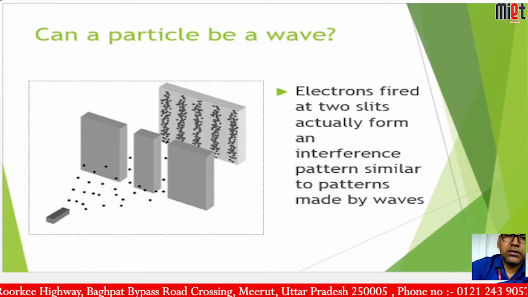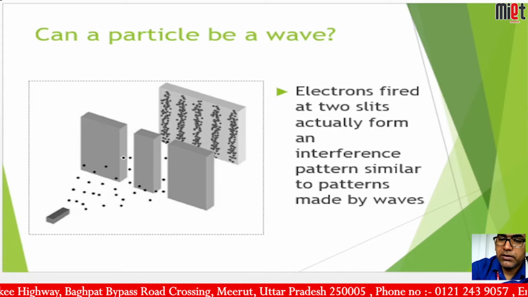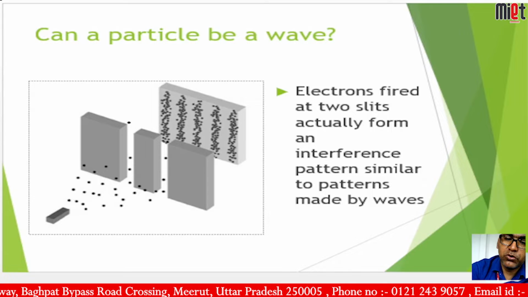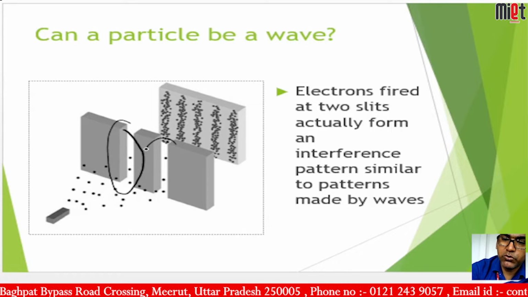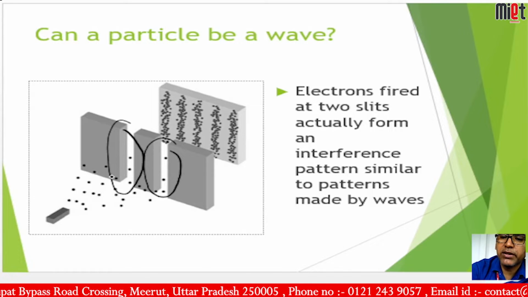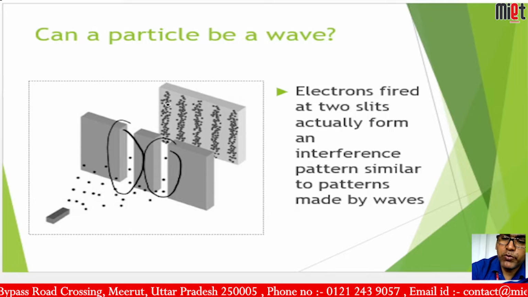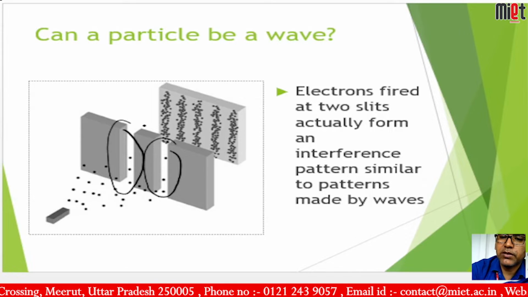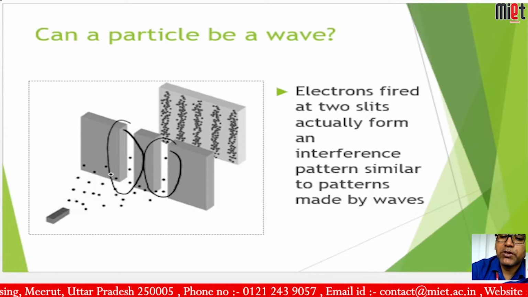Here an experiment was shown. You can see here that electrons are being fired through two slits. Slit 1 is this and slit 2 is this. When electrons are fired, they accumulate on the screen just like waves interfering with each other, which proves the wave nature of the particle.